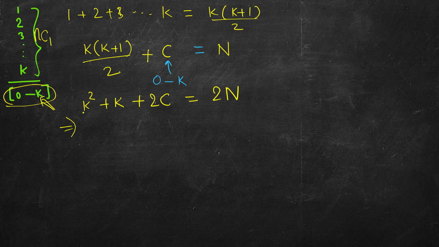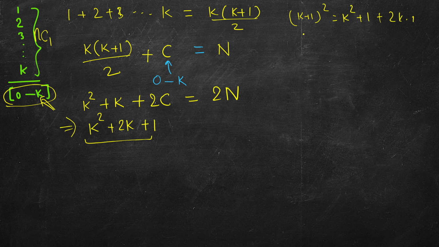Then let's make it a square term, that is k square plus 2k plus 1. So this is the square of k plus 1. K plus 1 square is k square plus 1 plus 2k into 1. This comes from a plus b whole square is equal to a square plus 2ab plus b square. So here a is k and b is 1.